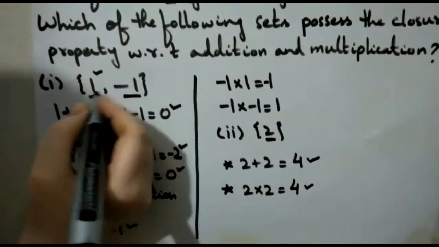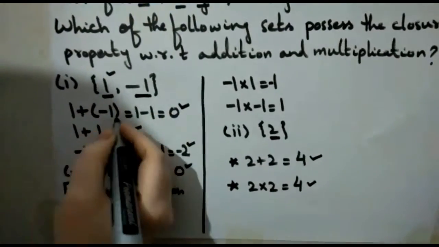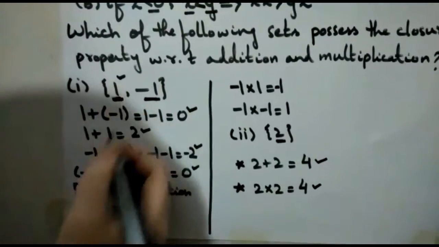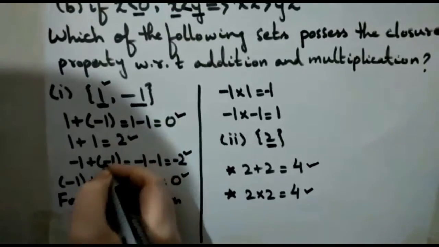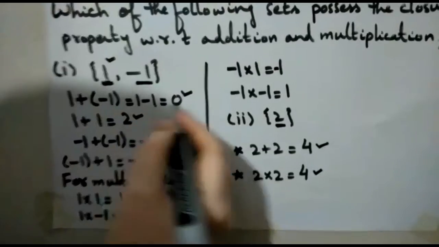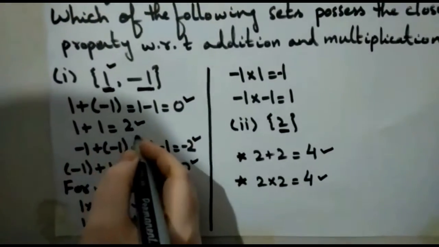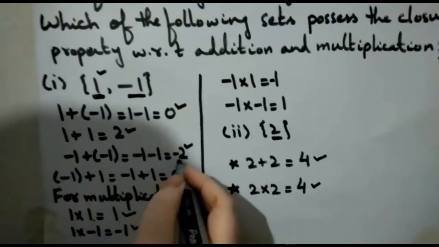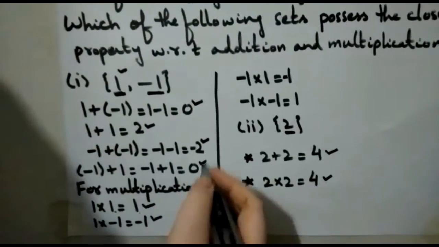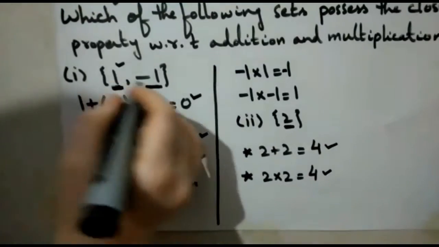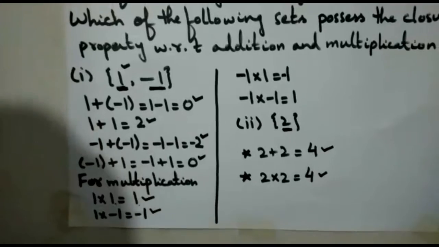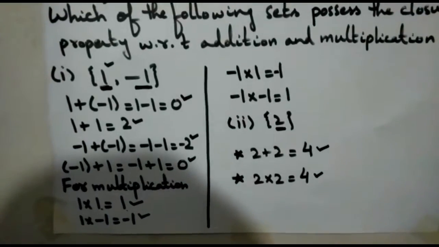For addition, we will add 1 plus 1, 1 plus minus 1, minus 1 plus minus 1 and minus 1 plus 1. 1 plus 1 is equal to 2, 1 plus minus 1 is equal to 0, minus 1 plus minus 1 is equal to minus 2, minus 1 plus 1 is equal to 0. Not all the numbers belong to this set. That's why we can say that this set does not possess the closure property with respect to addition.